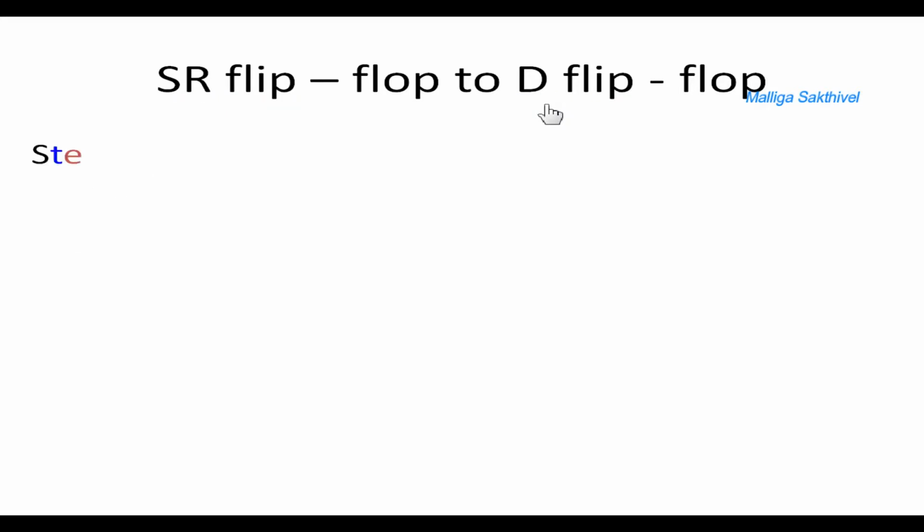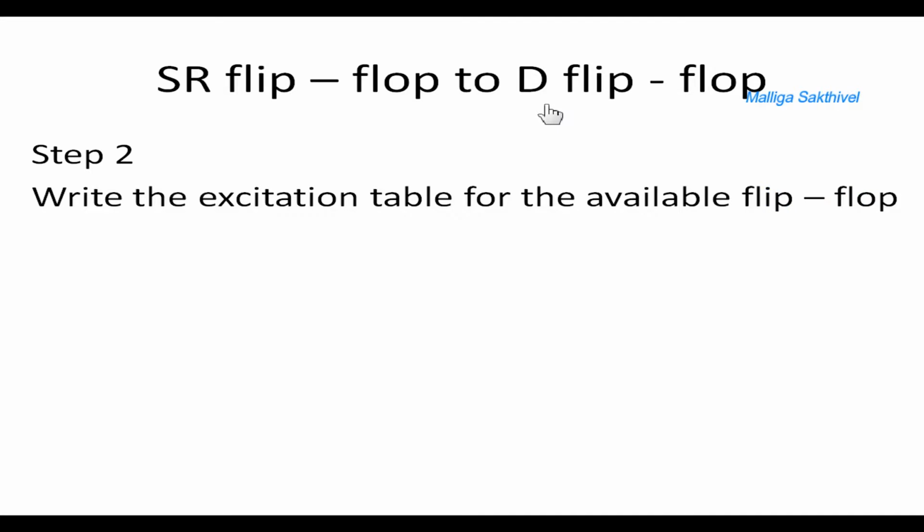The second step is to write the excitation table for the available flip-flop. The excitation table consists of the present state and the next state, and for these two combinations, what are the inputs.